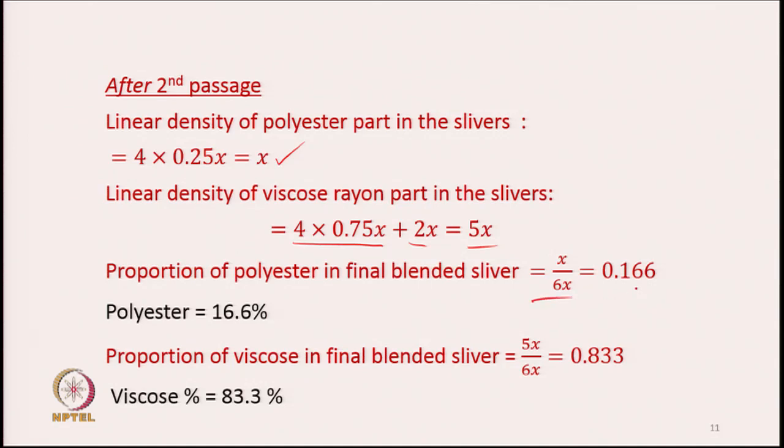x by 6x is 1 upon 6, which is going to be 0.166. So, polyester is going to be 16.6% if we convert it into percentage, and the proportion of viscose, similarly, if we try to find out, we have 5x viscose and the total mass of all the slivers is going to be 6x.